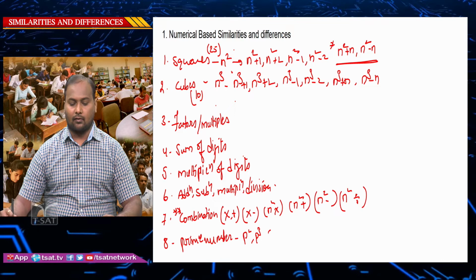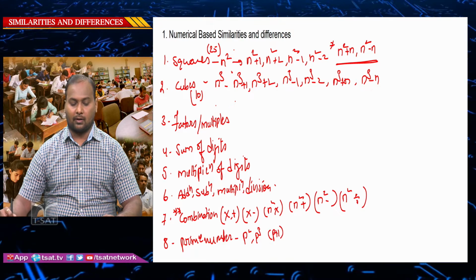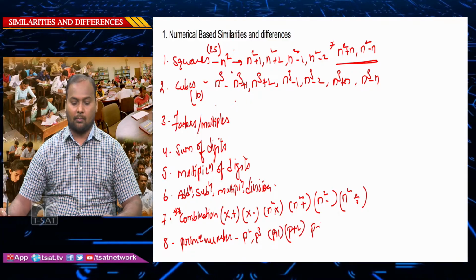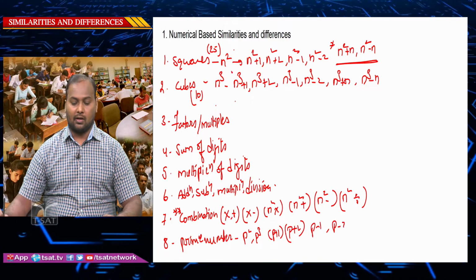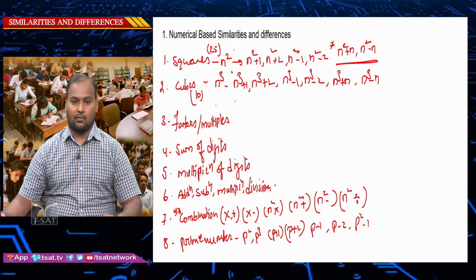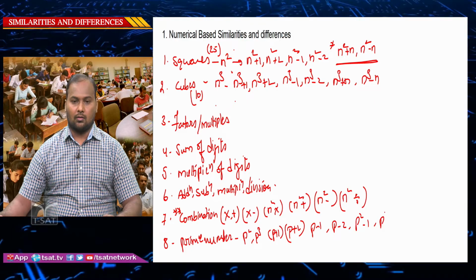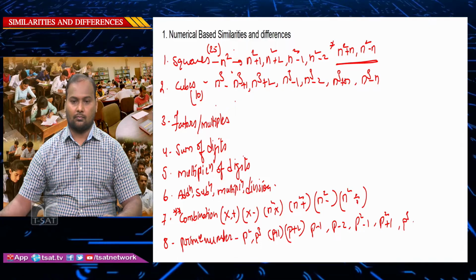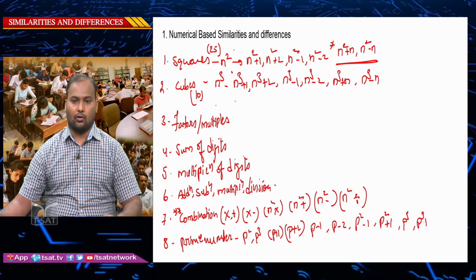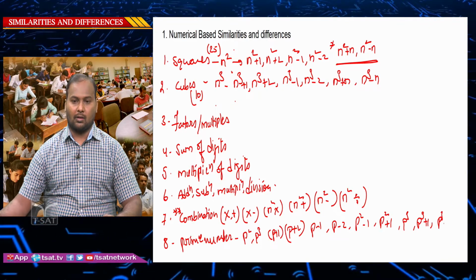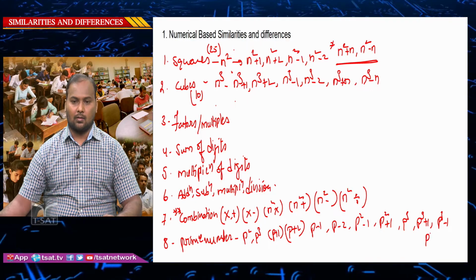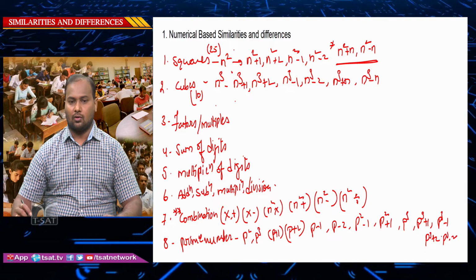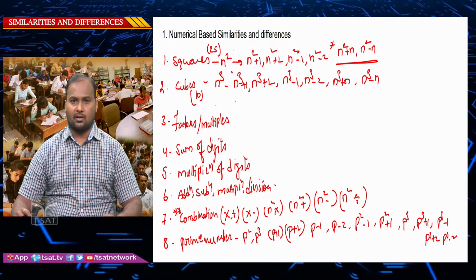For example, the options will be like prime plus 1, prime plus 2, prime minus 1, prime minus 2, prime square minus 1, prime square plus 1, prime cube plus 1, prime cube minus 1, prime cube plus 2, prime cube minus 2. Like that, various combinations are possible.